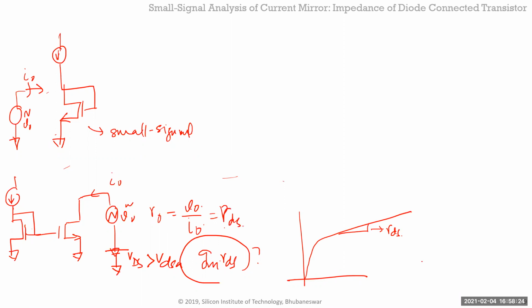So in your small signal model, if you drew it, that is your gm VGS. This is your RDS. So what I'm doing is I'm applying a small signal voltage here, V out, and measuring the current, right? What will be this current? This current plus this current. What is this current? gm VGS. What is VGS?